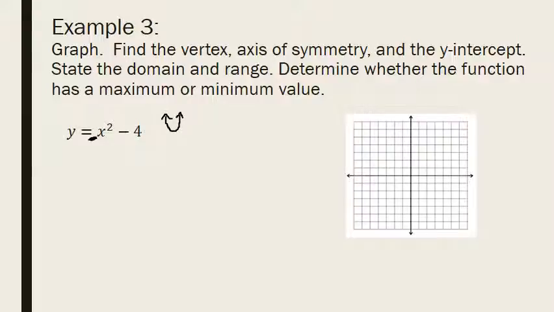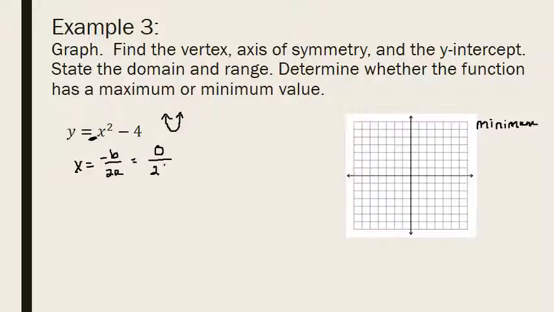Because it is going up, it's going to have a minimum value. Okay. Let's go ahead and start. So x equals the opposite of b over 2a. Well, notice right here we are missing that b value. All we have here is the a and the c. So if we don't have a b value, that's going to be 0.